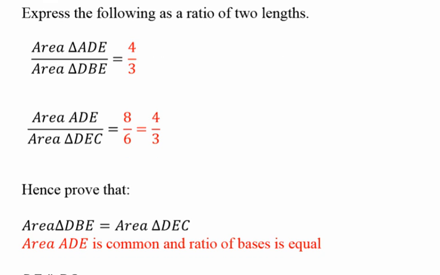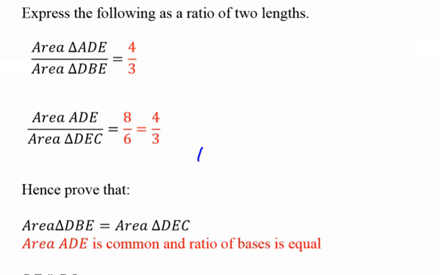Now it says, hence prove that the area of triangle DBE is equal to the area of DEC. Now, I'm just going to add in another step here. We know from above that this ratio is equal to 4 over 3, and that ratio is equal to 4 over 3. So I can conclude that those two ratios are equal.